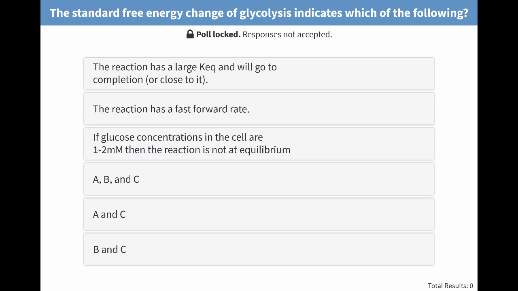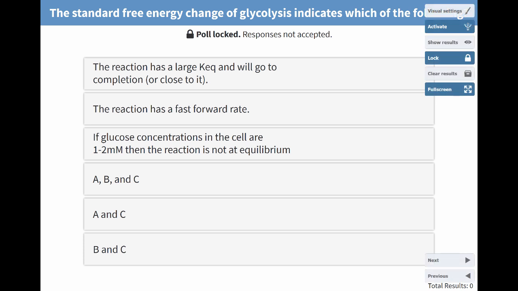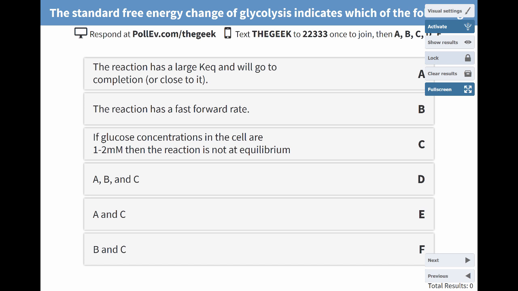Okay? Is it locked? Is it still locked? Is it? Okay. I was wondering, no one's responding. Okay, there we go. You can talk to your neighbor about that as well, and what you put on the exam. Okay?